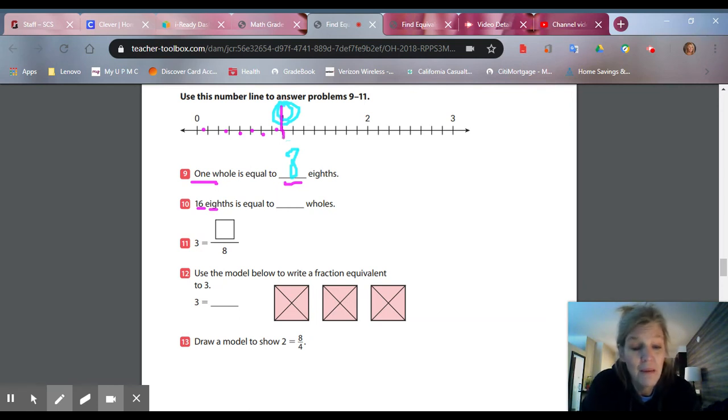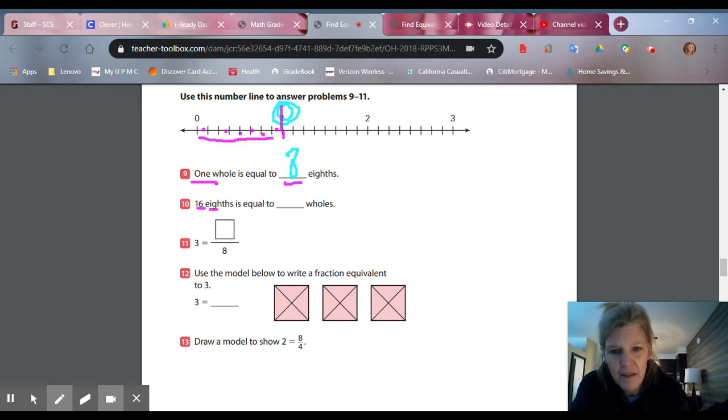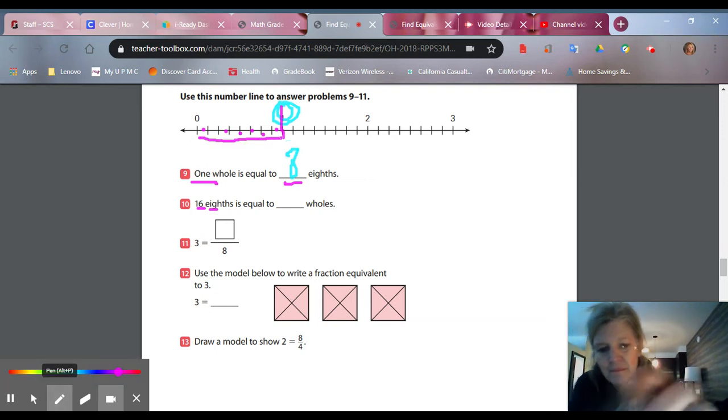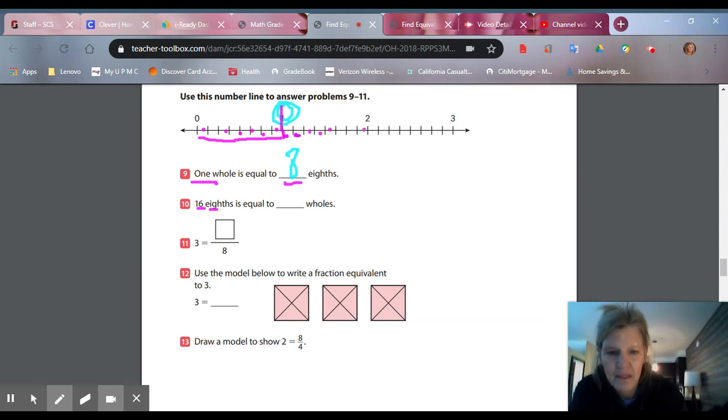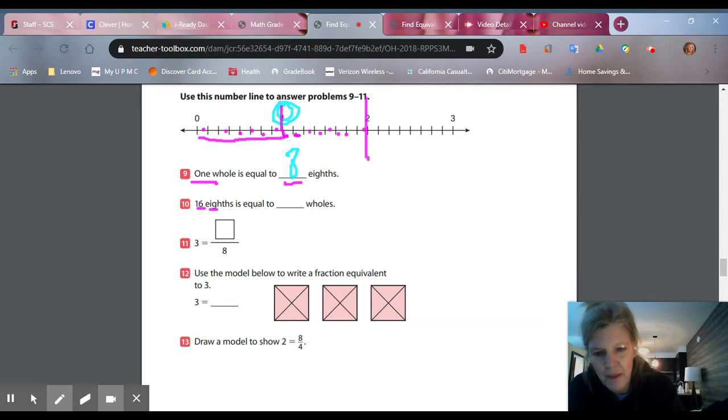So how many wholes do you get when you have 16 eighths? There's 8 here, 9, 10, 11, 12, 13, 14, 15, 16. That takes you to two wholes.